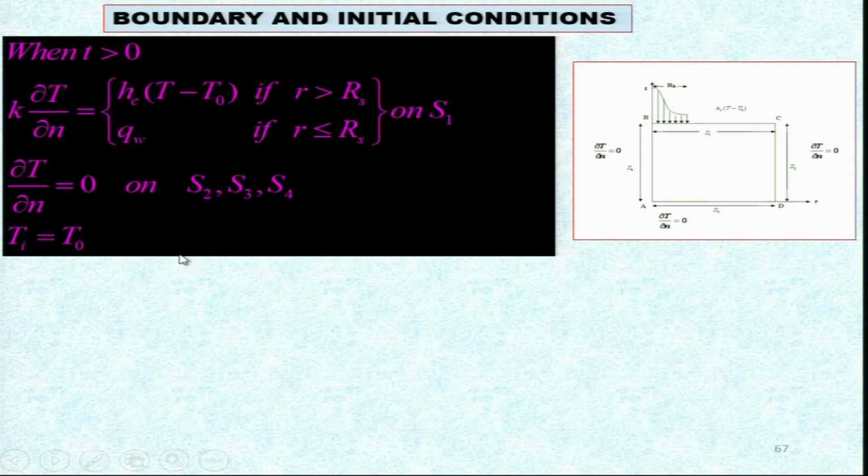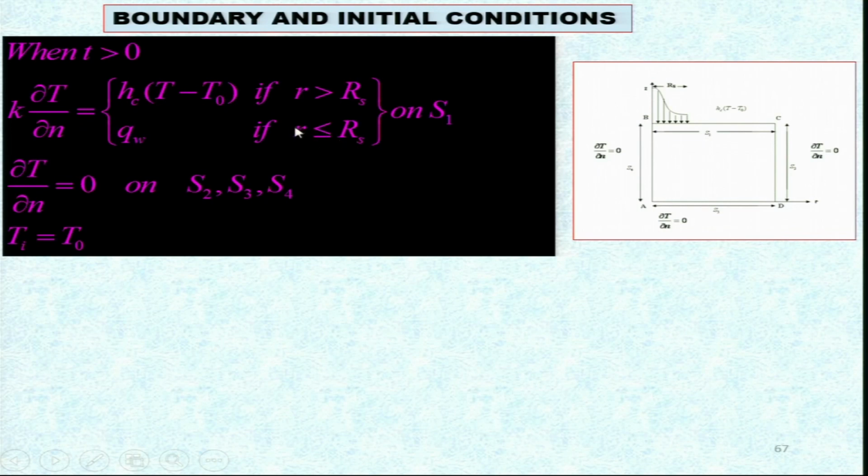When t is greater than 0, that means the process has started. Then you have the equation k del T over del n is equal to Hc multiplied by (T minus T0) if r, that is the radius, is greater than Rs, the spark radius, and this is equal to Qw if r is less than or equal to Rs.